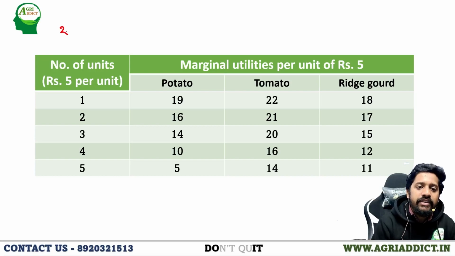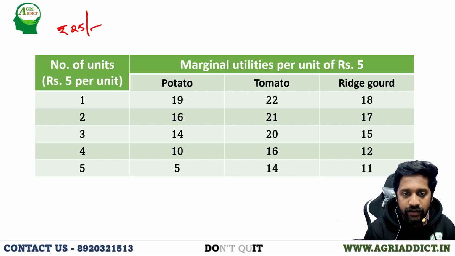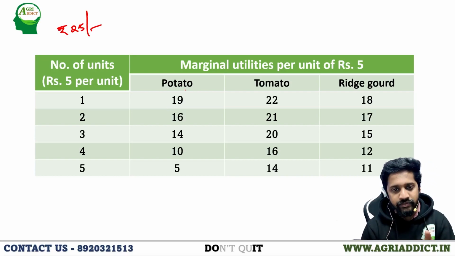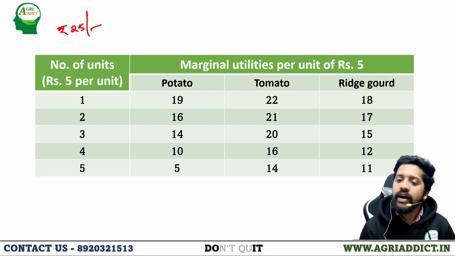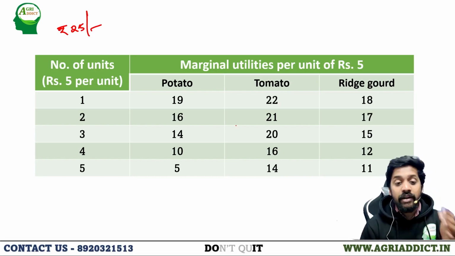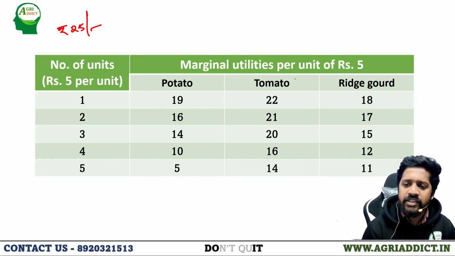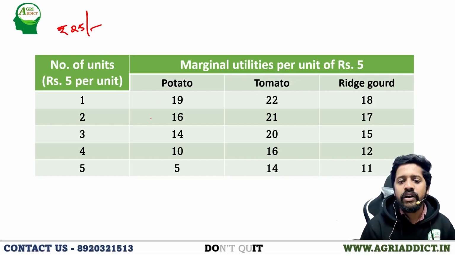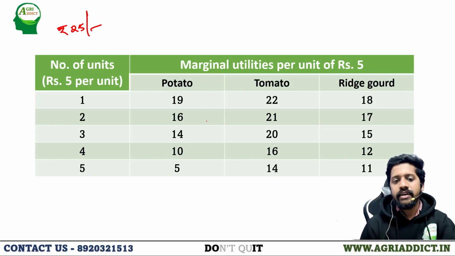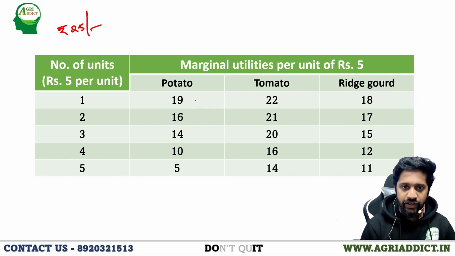Suppose we have some 25 rupees. We have considered 3 vegetables: potato, tomato and ridge gourd. If each of potato, tomato and ridge gourd costs 5 rupees per unit, what if I consume potato continuously? The marginal utility is depicted here: in the first unit I will have 19 utils, then 16 utils, then 14 utils, then 10 utils and then 5 utils.